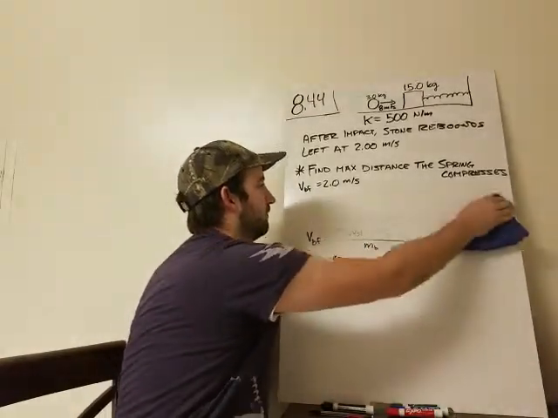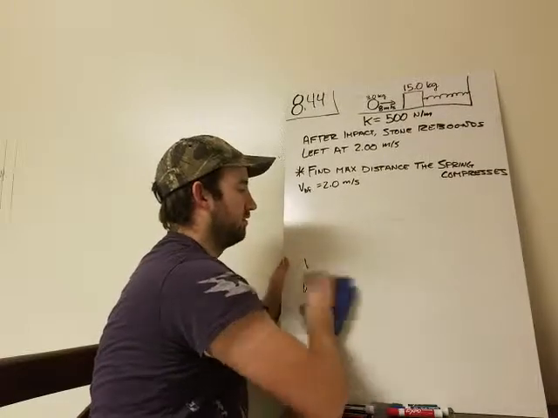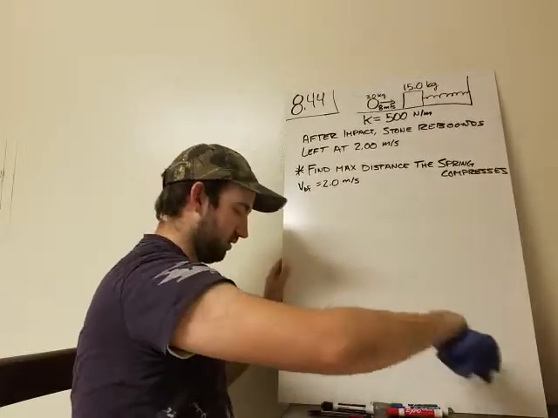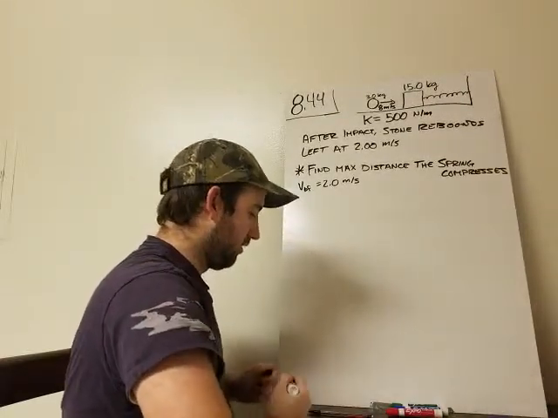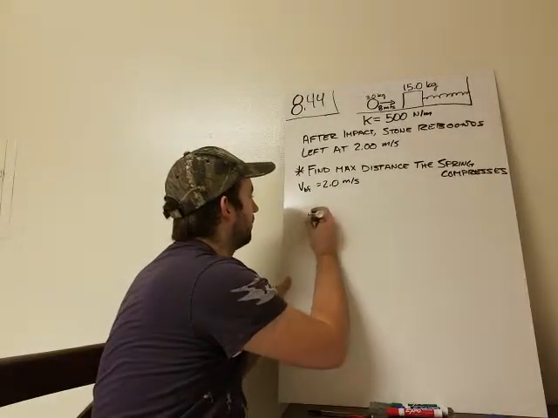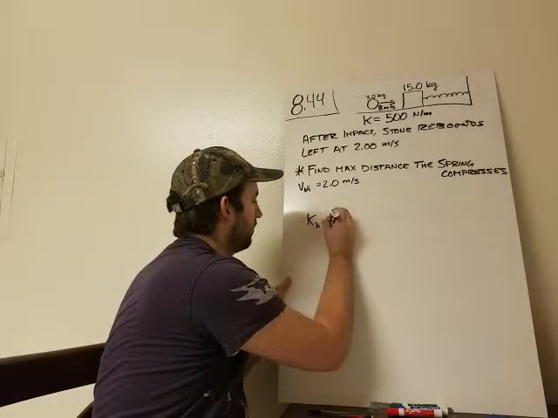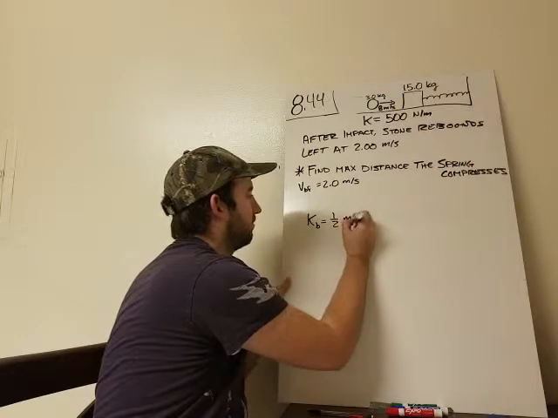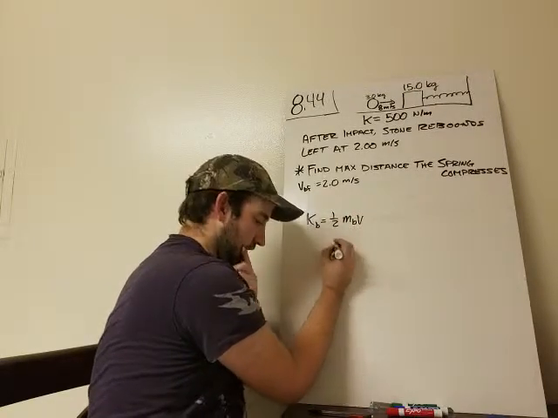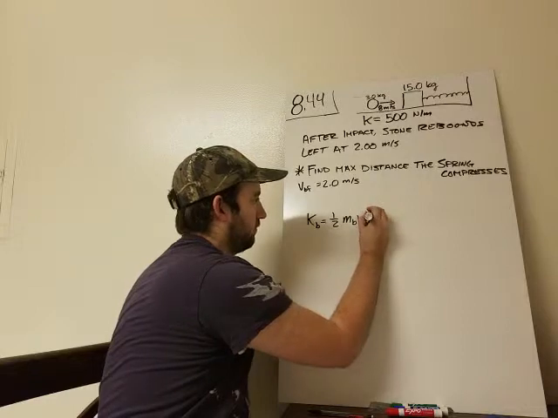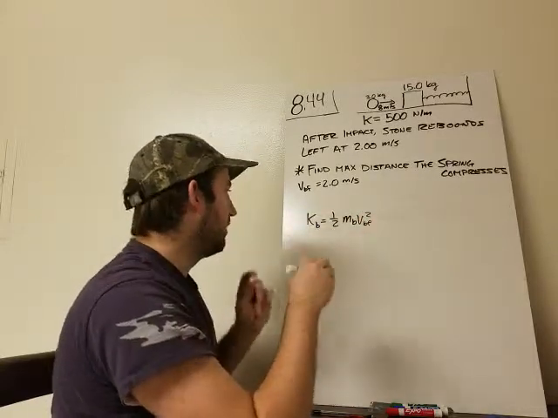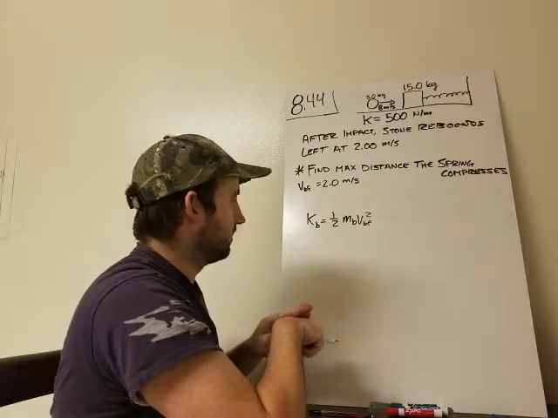So now that we've figured that out, we can use our energy equations. We know that the kinetic energy of the block equals 1/2 the mass of the block, V squared. So that's our final kinetic energy of the block.